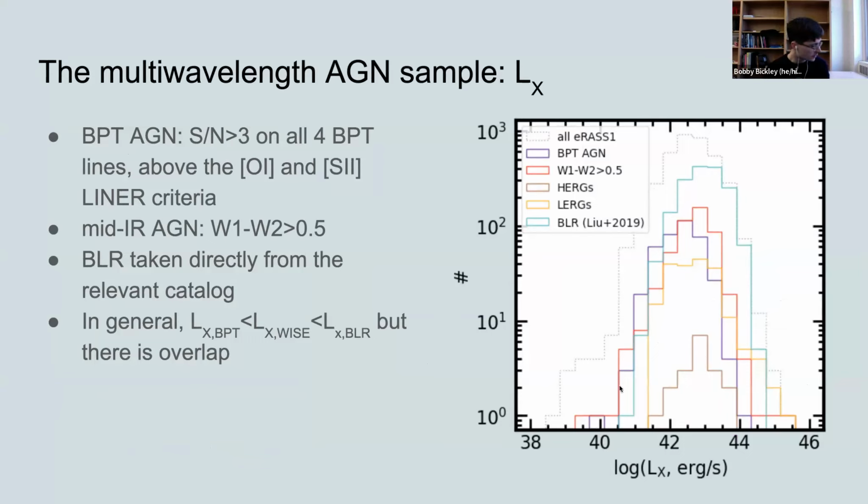What I'll point out on this slide, because I definitely want to make sure that I get to some of the more interesting results, is that our BPT AGN, the ones that host narrow optical emission signatures of having an AGN, are typically a little bit less luminous than AGN that appear as dust obscured or dust reddened, which are themselves slightly less luminous than the X-ray AGN that we're identifying as broadline region AGN in the optical.